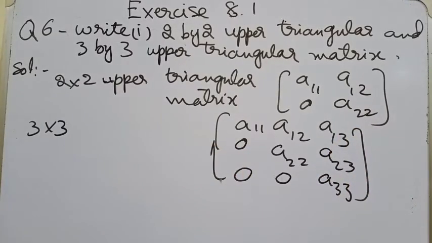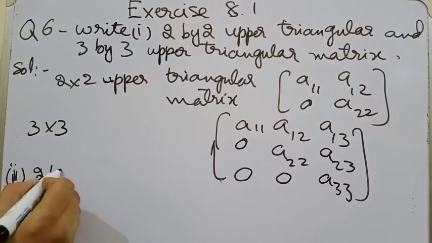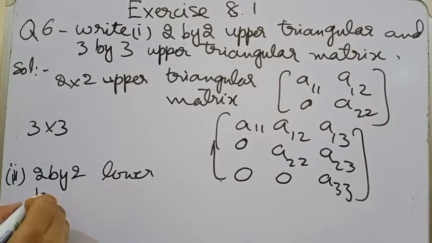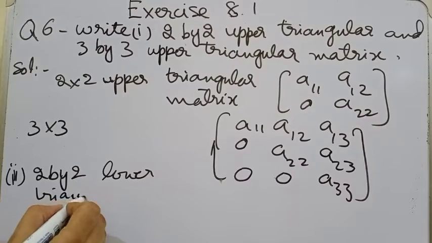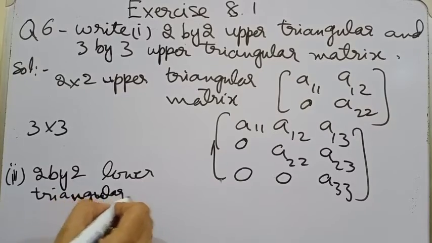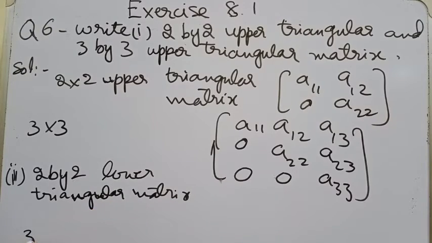Next we have the second part, 2 by 2 lower triangular matrix and 3 cross 3 lower triangular matrix.